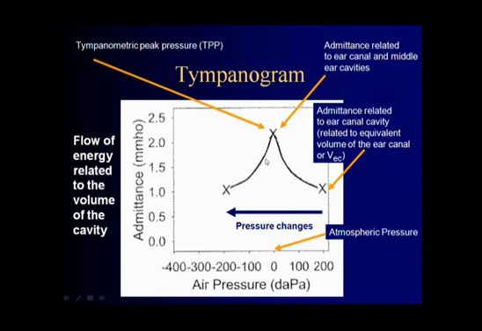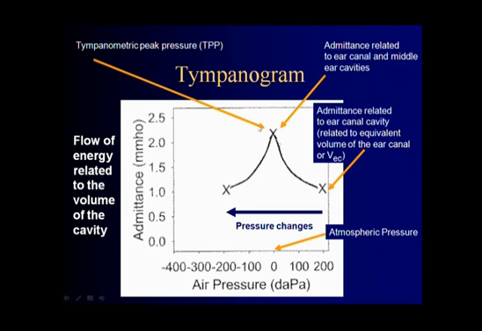So the patient can hear the probe tone. What they'll hear is a decrease in the level. So the patient hears a decrease in level. The microphone is reading an increase in level in the ear canal. And we're going to infer from an increased probe tone level that admittance is decreasing. Okay, so that's how the whole thing relates.